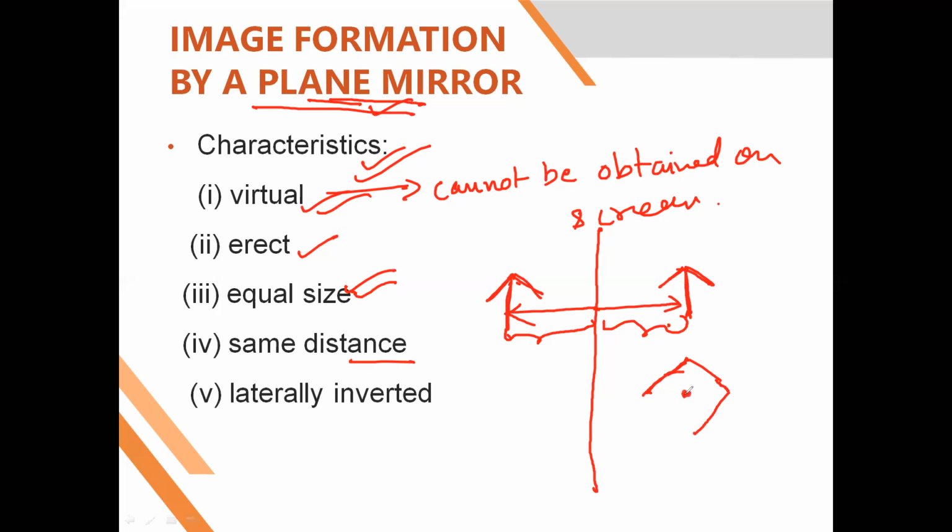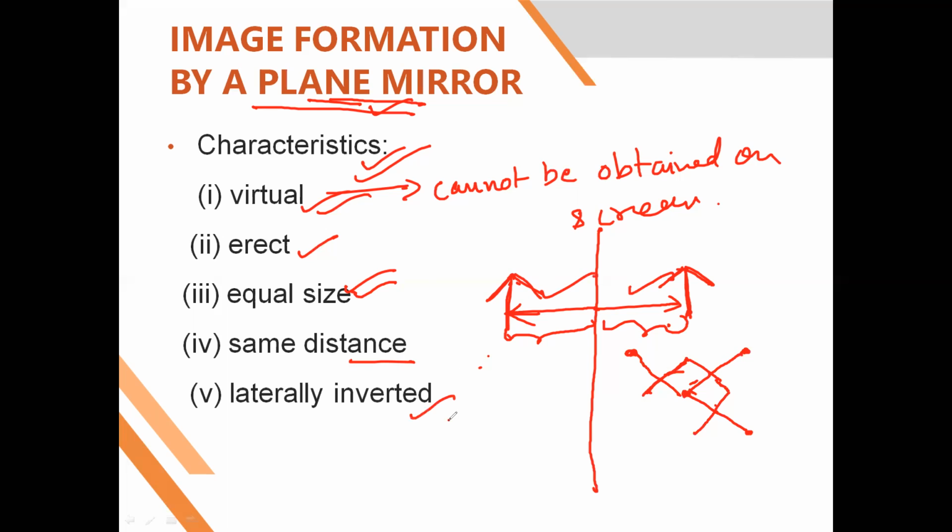If you are standing over here, the distance gets doubled when you see your images. So it gives the appearance or an experience of some spaciousness. So the image distance is equal to the object distance.